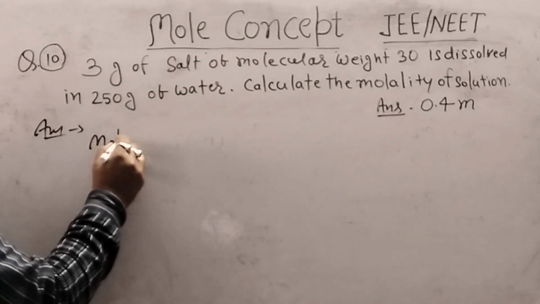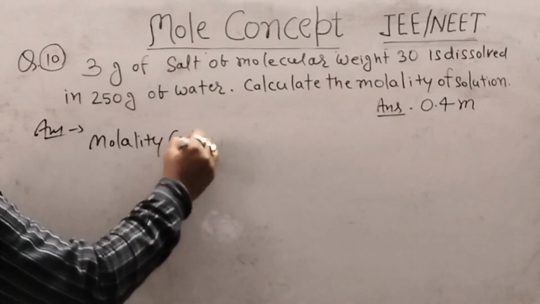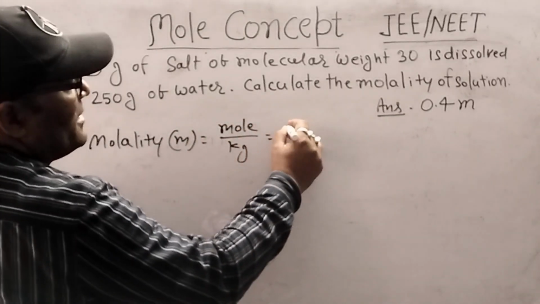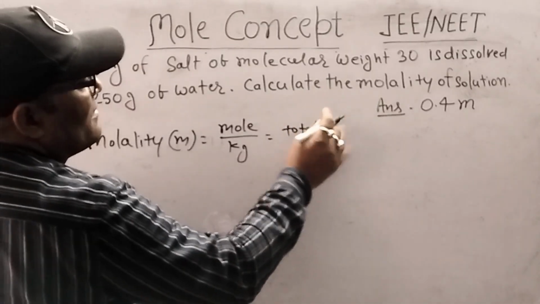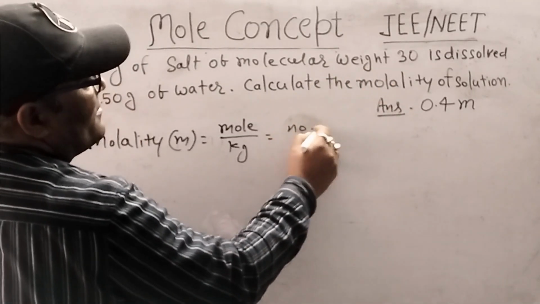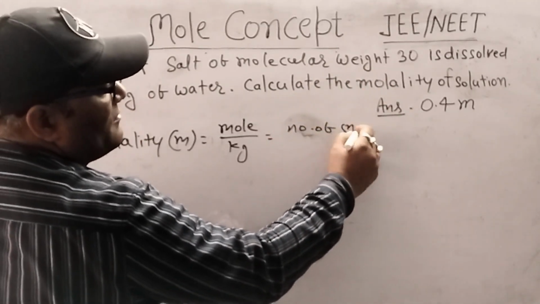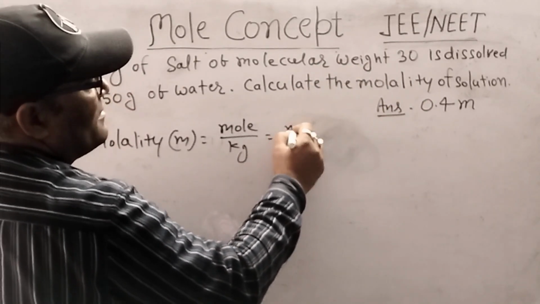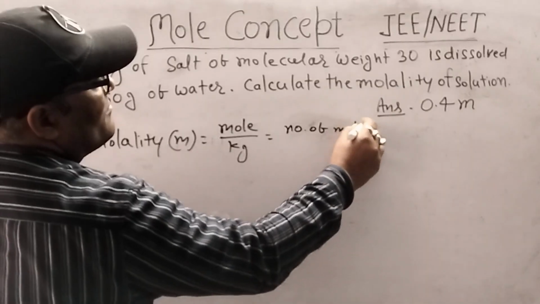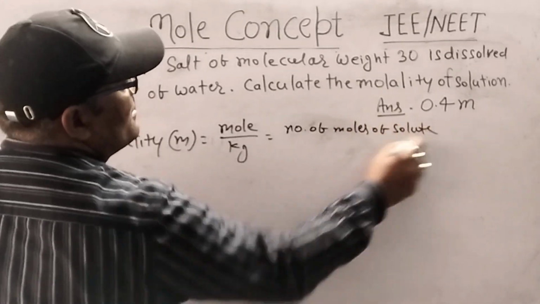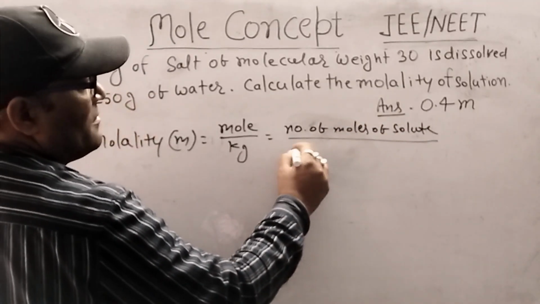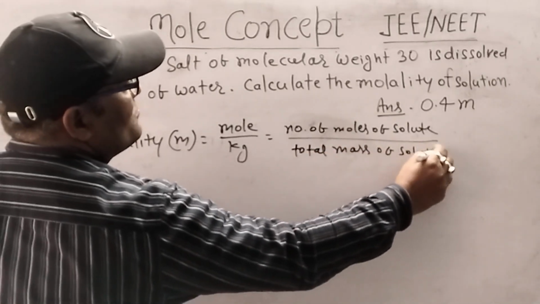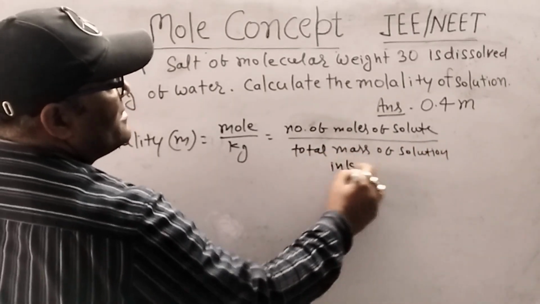Molality is denoted by small m, mole per kg. Here the formula is number of moles of solute divided by total mass of solution in kg.